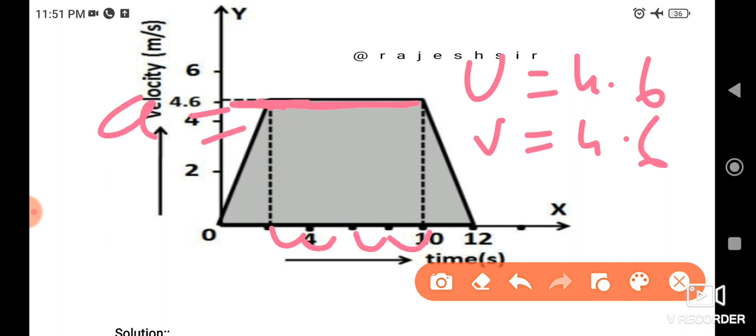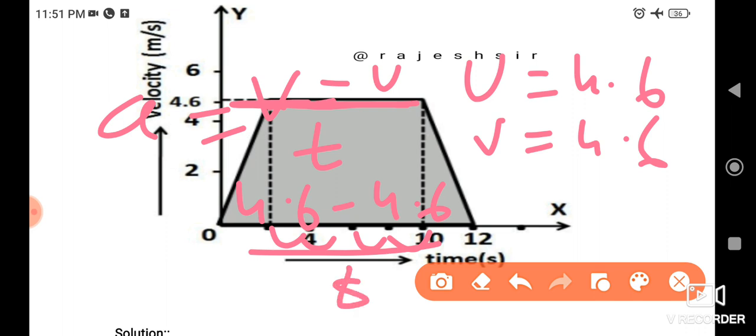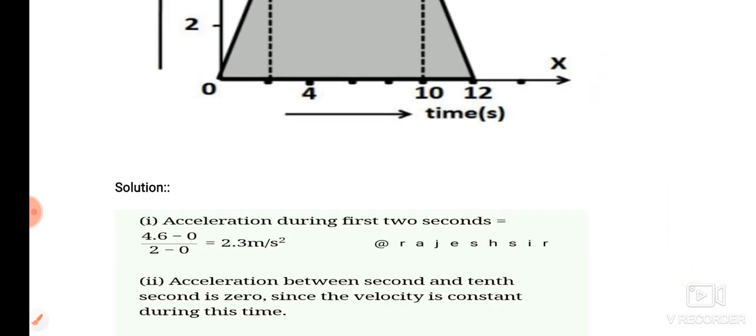Acceleration equals v minus u by t, so 4.6 minus 4.6 upon 8 seconds is 0 only. Or directly, without mentioning the calculation, because it is showing a constant speed, it has a uniform acceleration of 0.